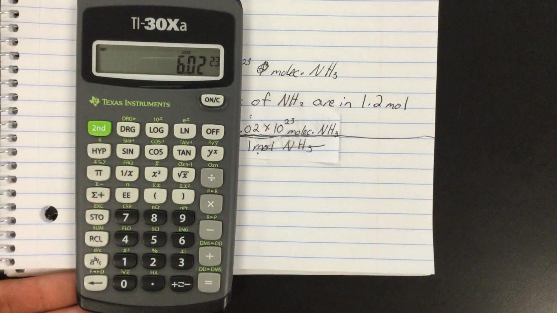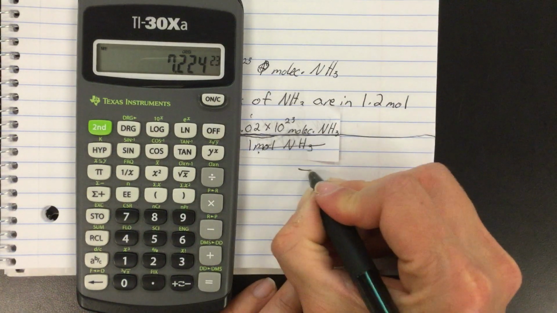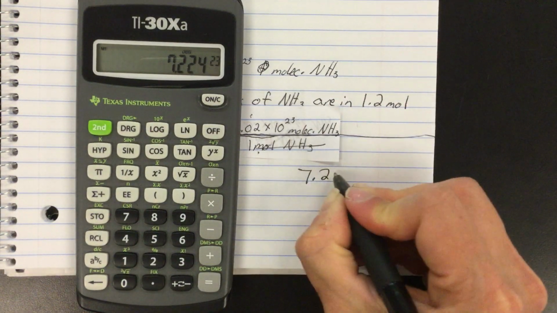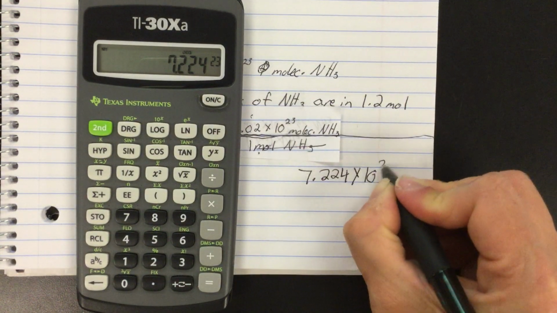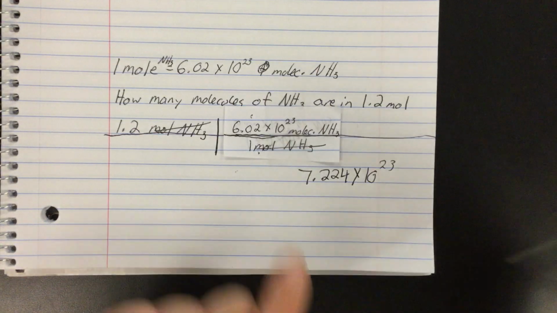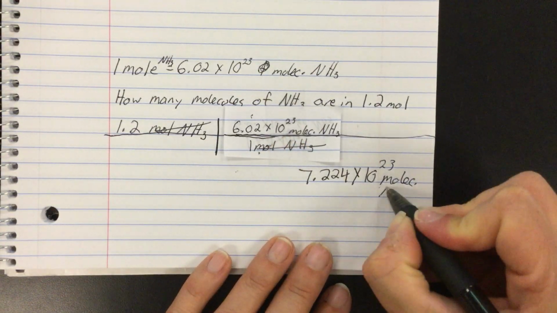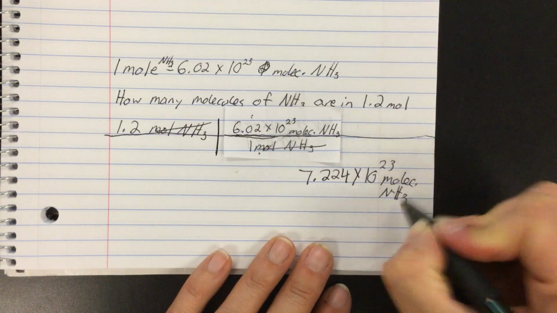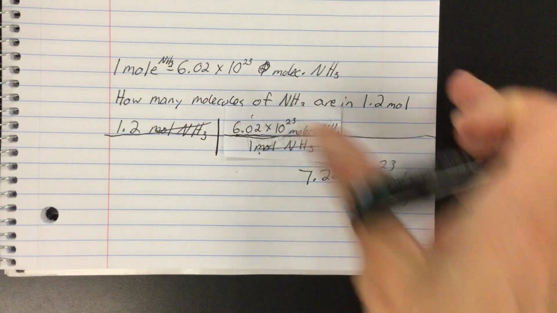Notice I never push times 10 to anything. Okay, and that's going to give me an answer, 7.224 times 10 to the 23rd, and we need a unit, molecules NH3. Every answer needs to have a unit and what we're talking about.